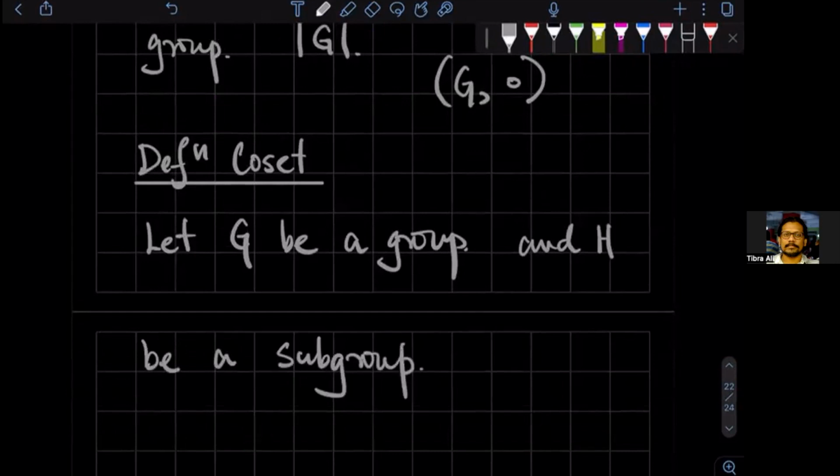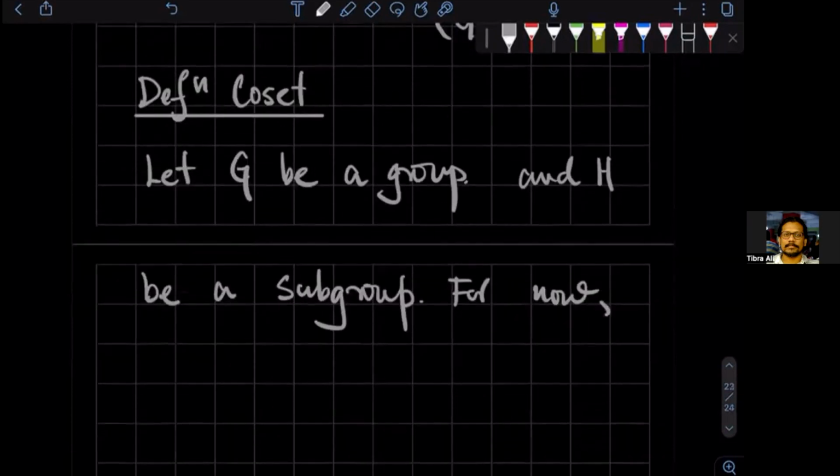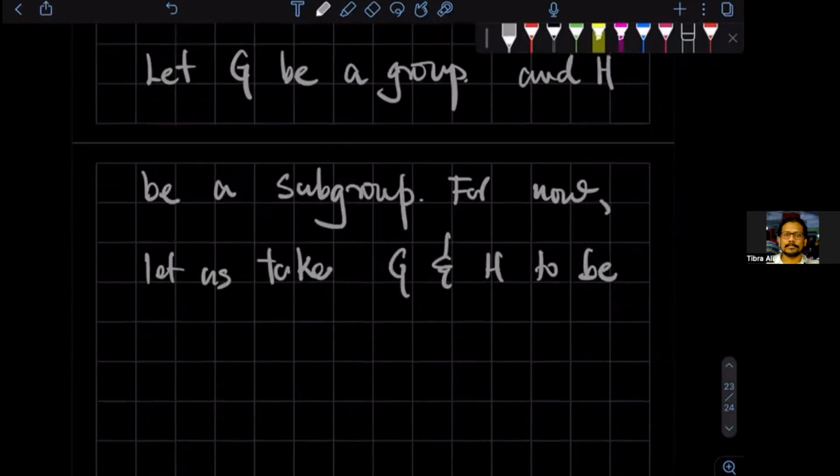We're not saying anything about whether it's a proper or improper subgroup. Although later we will relax this condition, for now, for the sake of definiteness, let us take G and H to be finite.